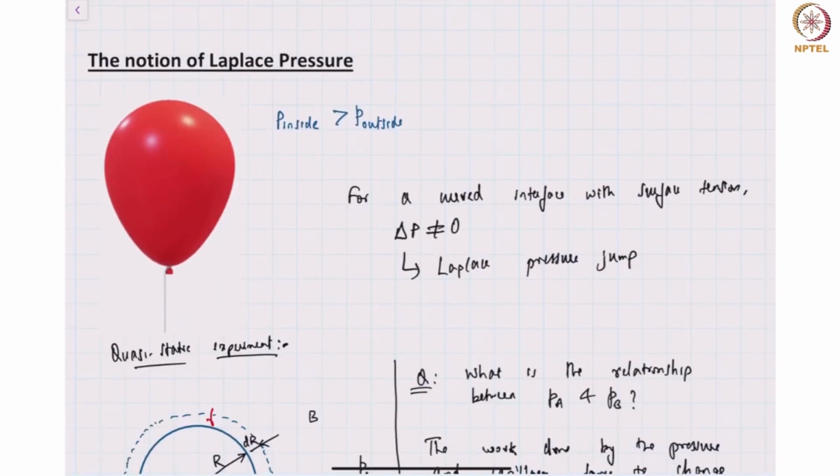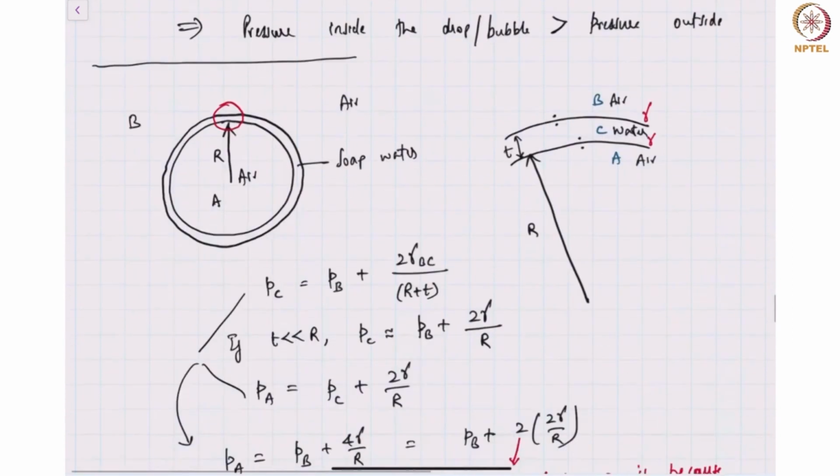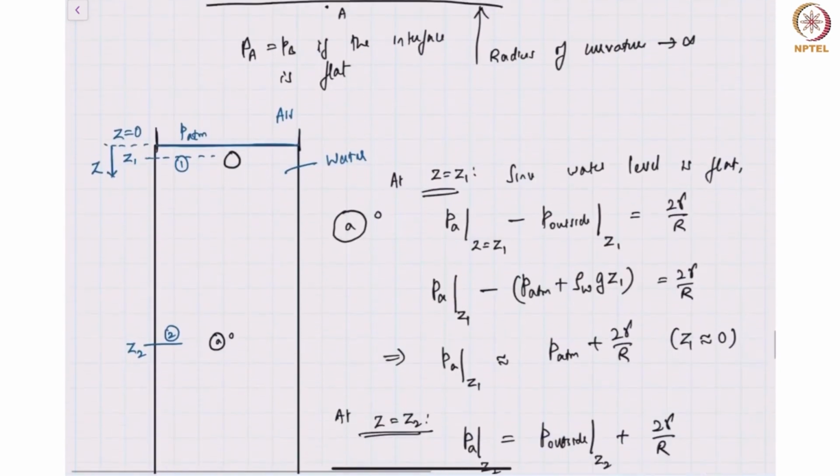This is a very, very important result, where we find that if you have a curved surface and the net curvature is non-zero, and you have surface tension, then the pressure across the surface is always non-zero. So if you think of a bubble or a droplet, then the pressure inside is always higher than the pressure outside, as long as the curvature is non-zero.